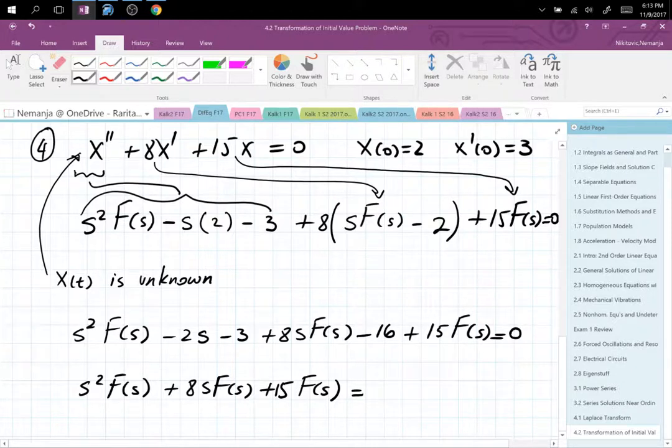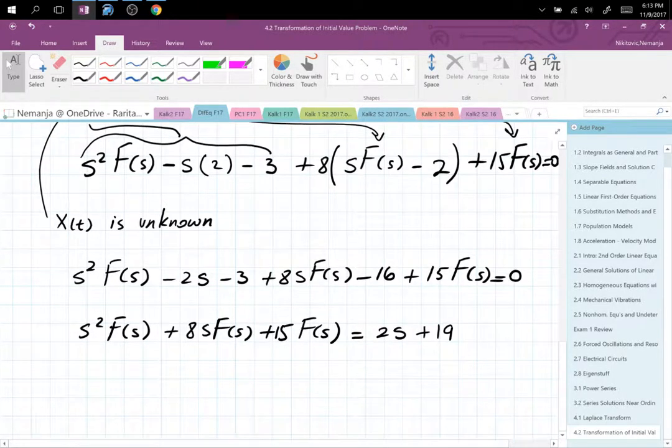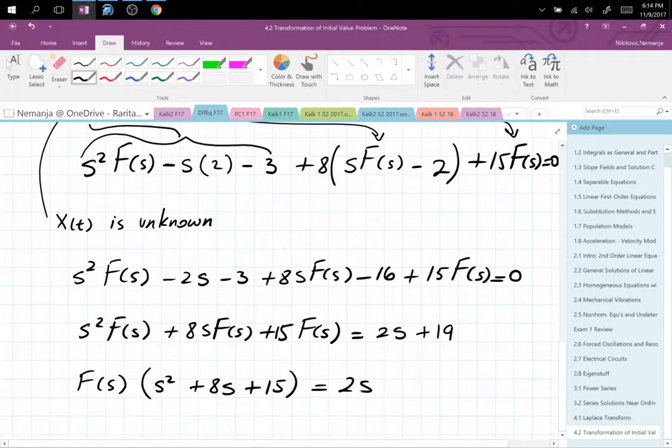So this negative 2s becomes positive 2s. Now minus 3 minus 16 is minus 19, goes to the other side, becomes positive 19. Now factor out F of s, and you're left with (s squared plus 8s plus 15) F of s equals 2s plus 19.